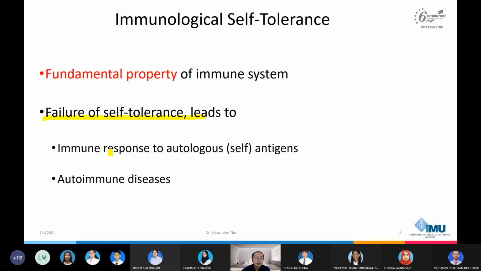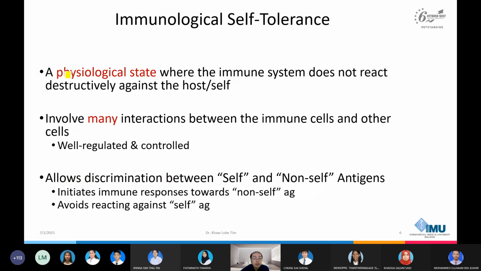So, failure of self-tolerance leads to an immune response to self-antigens. And self-antigens, some people have different names for them, actually called autologous antigens. Failure of that leads to autoimmune disease. So it's a physiological state where the immune system does not react destructively against the host.